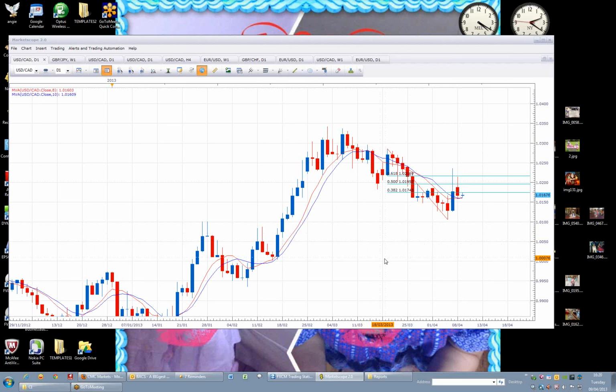Oh, sorry. The trade I found is the USD CAD for daily. I haven't actually got funds in my trading account, I haven't got money in my FXCM, so I'm trying to figure out how to put in a trade in the CMC.